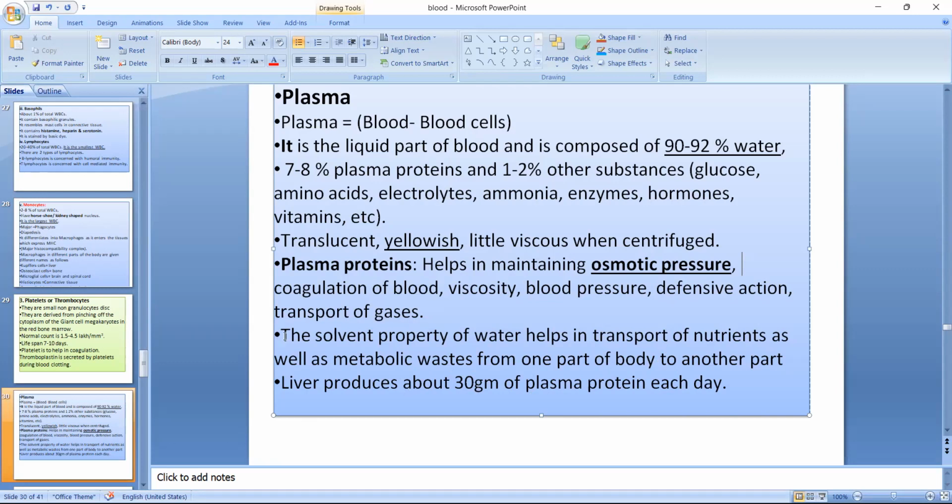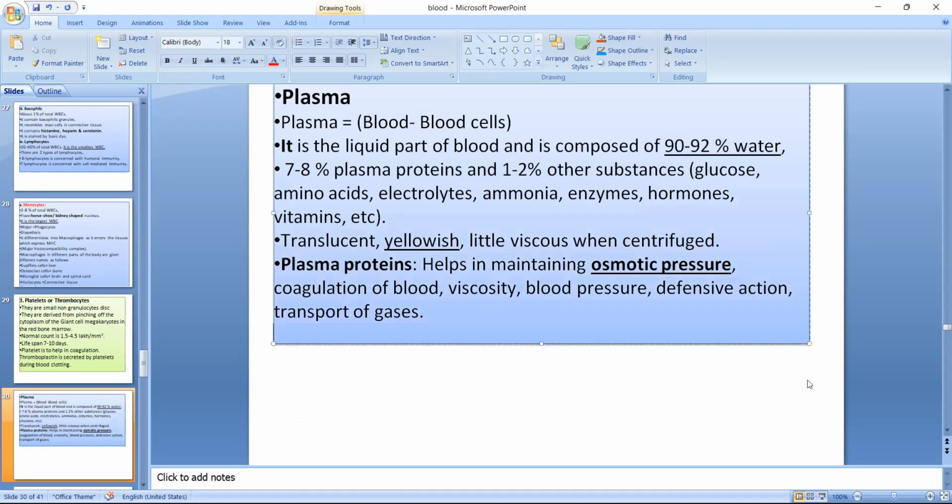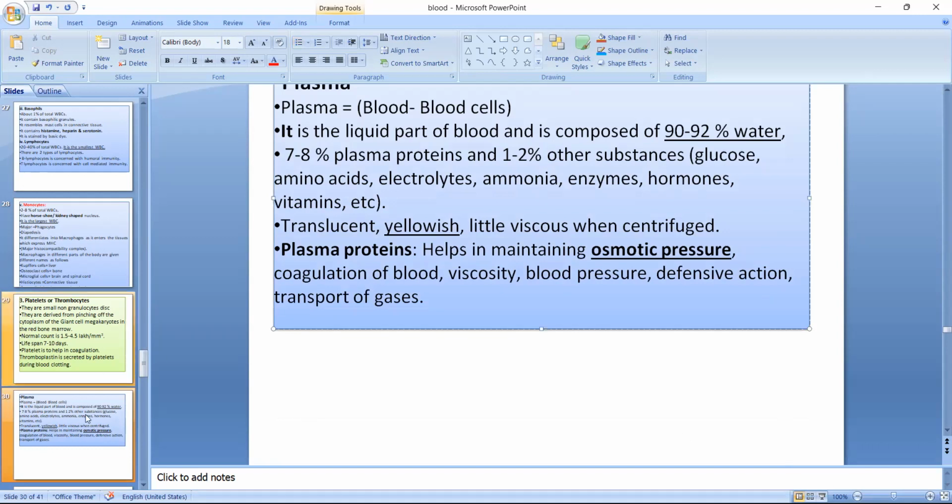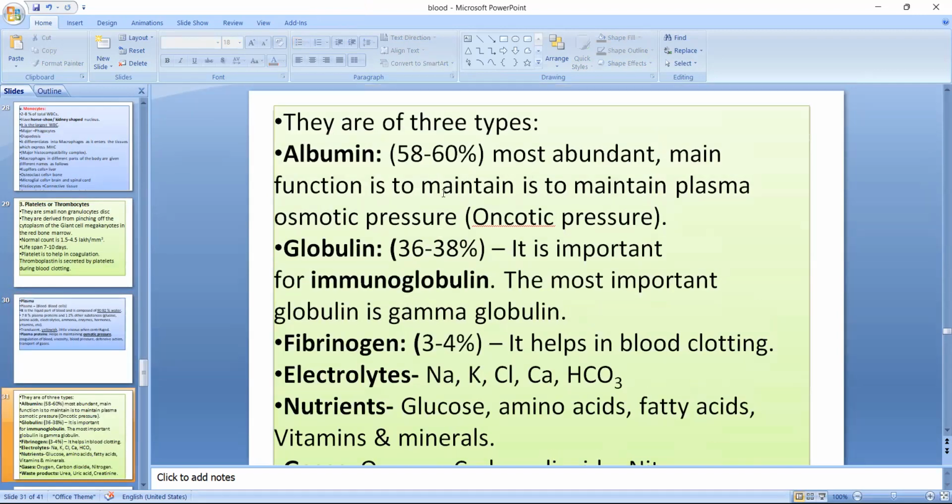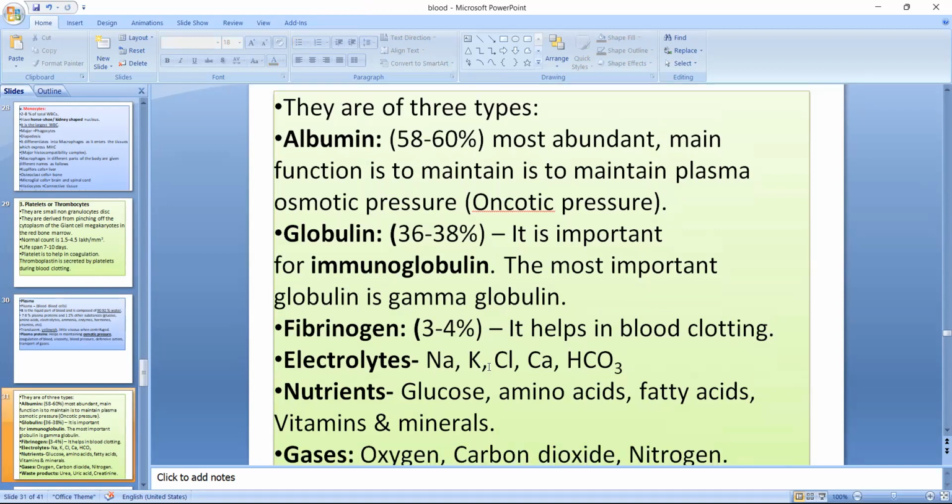So then, albumin, globulin, fibrinogen, electrolytes: sodium, potassium, chloride, calcium, and bicarbonate. These are very, very important.